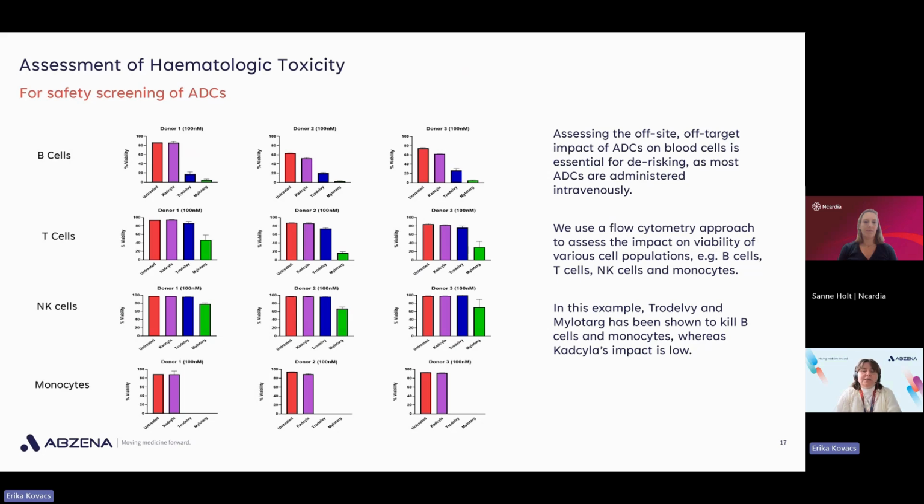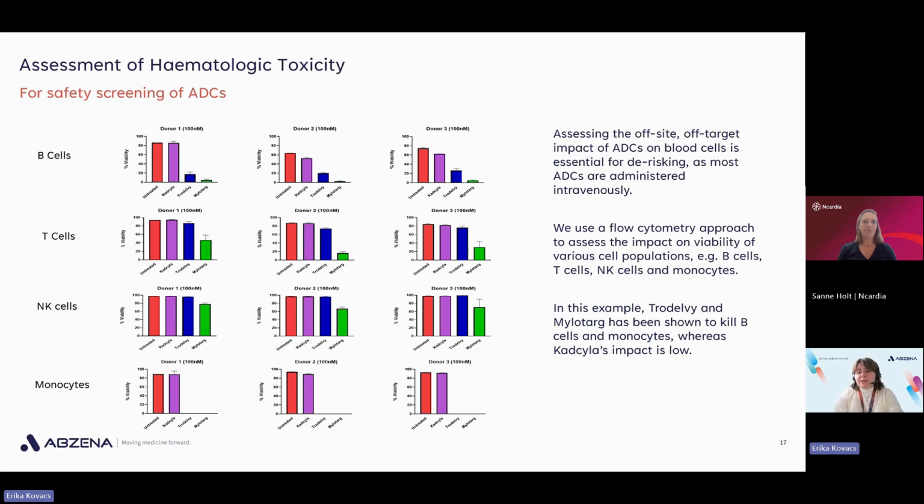In this typical case study, we've assessed 3 biologics, Kadcyla, Trodelvy, and Mylotarg, and their impact on B cells, T cells, NK cells, and monocytes. We found that Trodelvy and Mylotarg have an impact particularly on B cells and monocytes, whereas Kadcyla's impact is much more reduced, as we would expect.